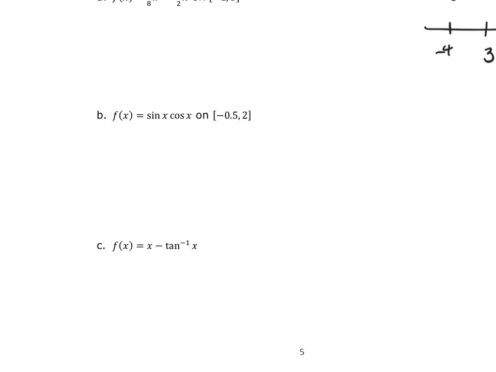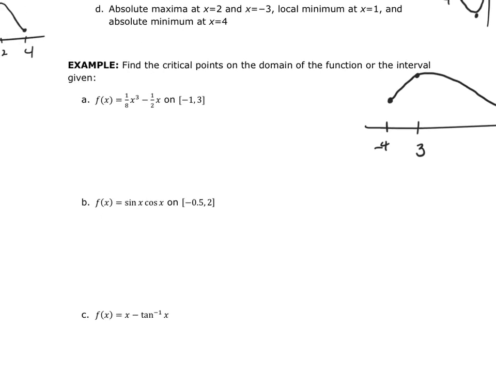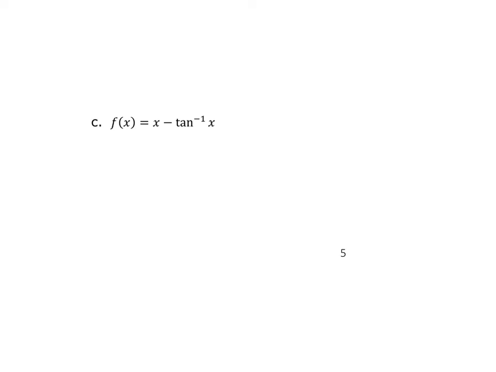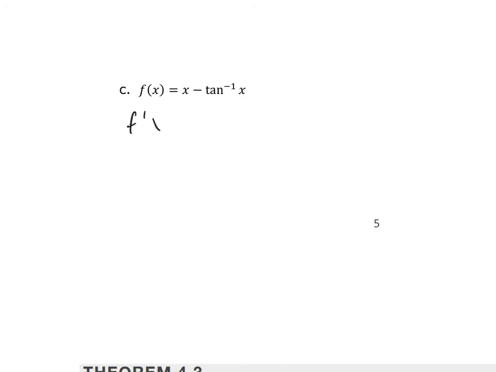I'm going to find the critical points on the interval that is given. That means I am chasing derivatives, and I set my derivatives equal to 0. So this is f prime of x. This is the derivative of x, which is 1, minus the derivative of tangent inverse, which is 1 over 1 plus x squared, right?